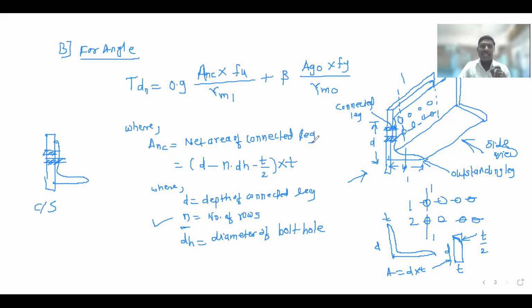If the end of the angle has a curvature shape, then we subtract t/2 thickness. And again t is the thickness of the angle. Correct? Got it, everyone?